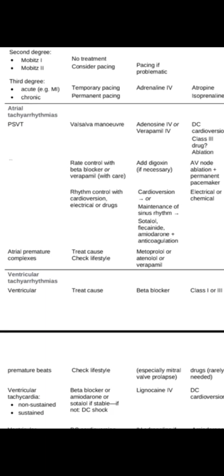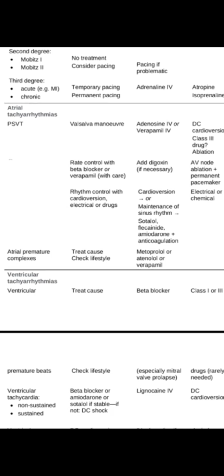Next would be atrial fibrillation or atrial flutter. In atrial fibrillation or atrial flutter, first of all we have to control the rate, and then we have to control the rhythm. To control the rate, we prescribe the patient a beta blocker or calcium channel blocker. To control the rhythm, we give DC cardioversion. Same rule applies. If the patient is hemodynamically unstable, go for cardioversion. If the patient is pulseless, go for CPR.